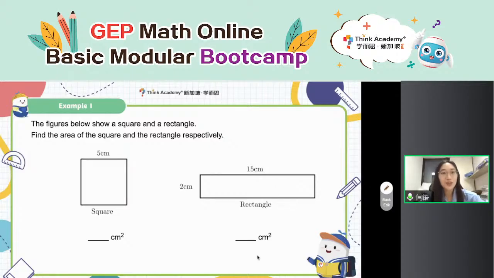And then let's move on to the first example in the area part. Now, following this, everyone, maybe I give you 10 seconds. Try to type your answers for these two parts in the chat box, okay? So what is the area of the square and what is the area of the rectangle? Have a try.